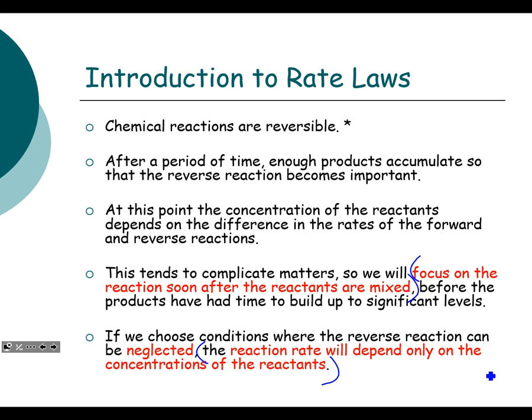The AP exam is going to throw products in there on rate law questions, and you just cross them out completely. Products don't matter when we are talking about rate laws. We only talk about the reactants.